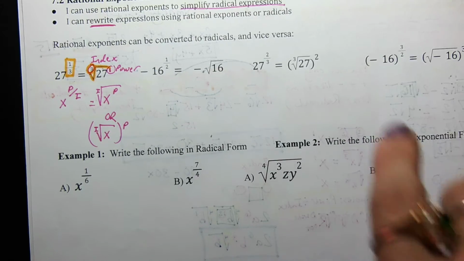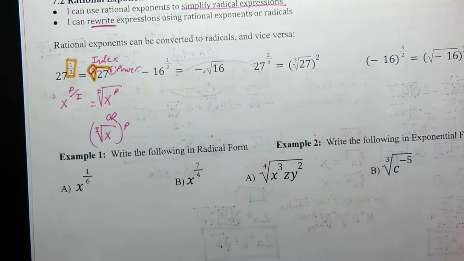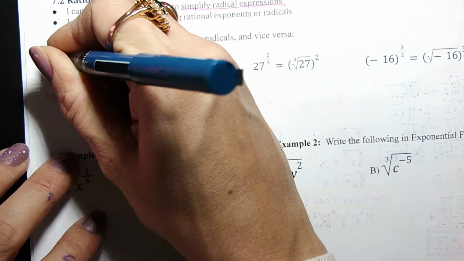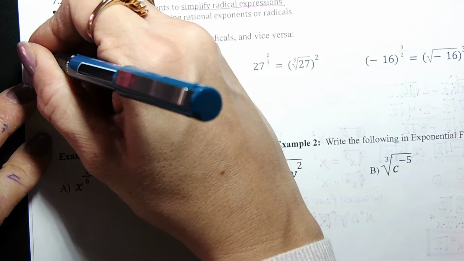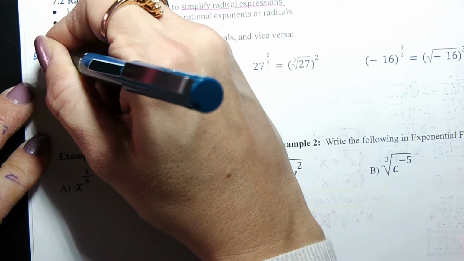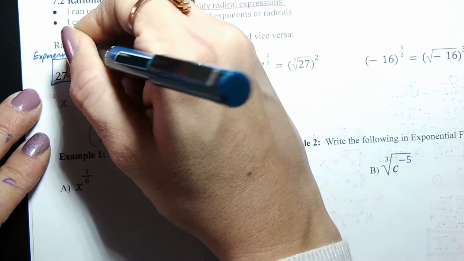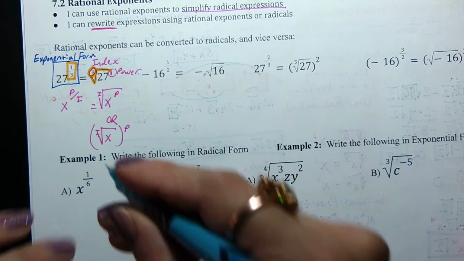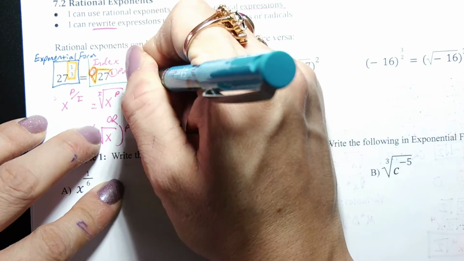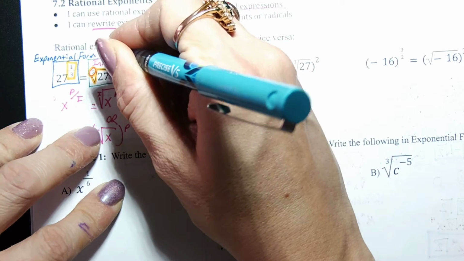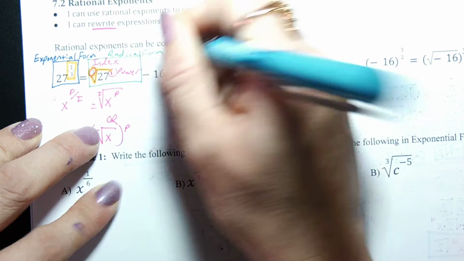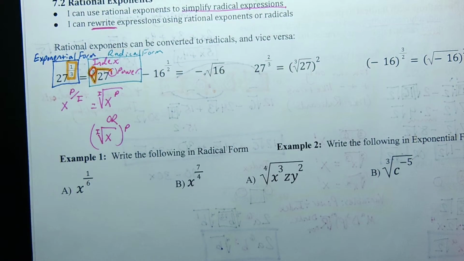The other thing I want you to write by these two forms is that the first one is exponential form, because we have an exponent associated with it, and this form is radical form, because it has the radical symbol with it.